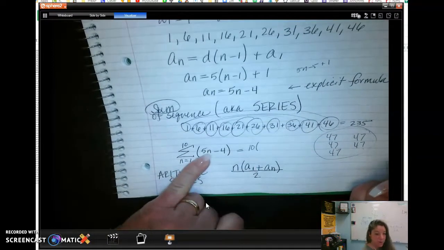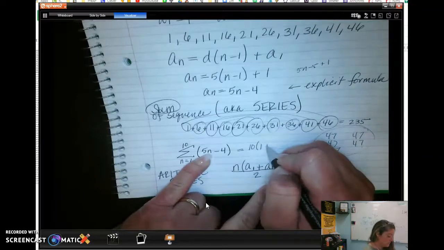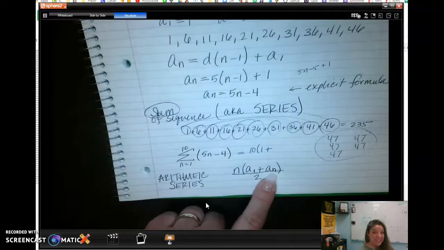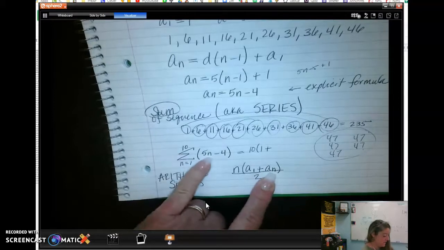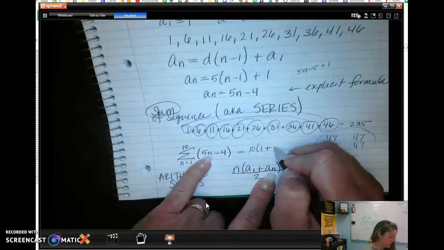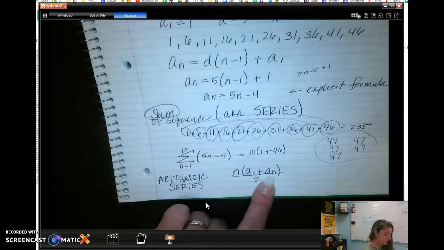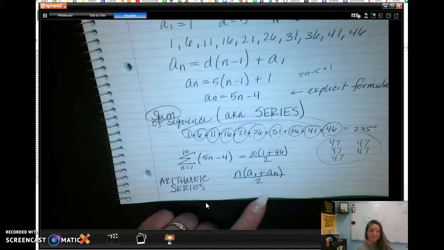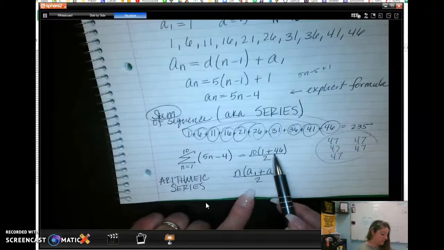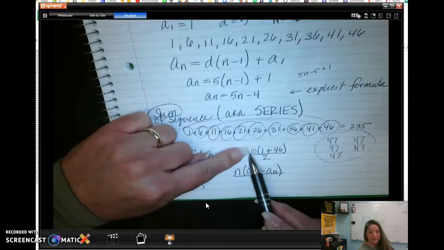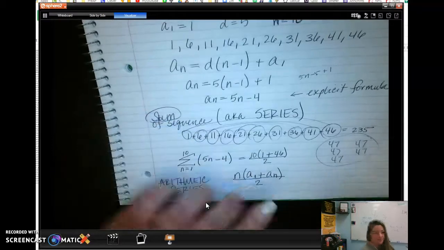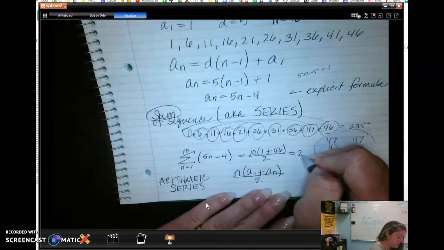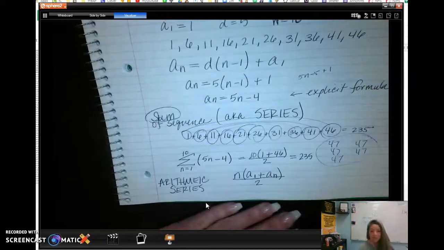If I plug in a 1, 5 times 1 is 5, minus 4 is 1, plus a sub n is 10. So if I plug in a 10, 50 minus 4 is 46. And then I divide by 2. I'm going to get 47 times 10 divided by 2, which is the same thing as 47 times 5. So I'm going to get 235.